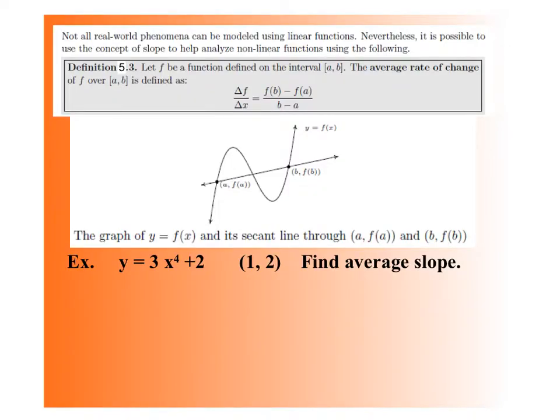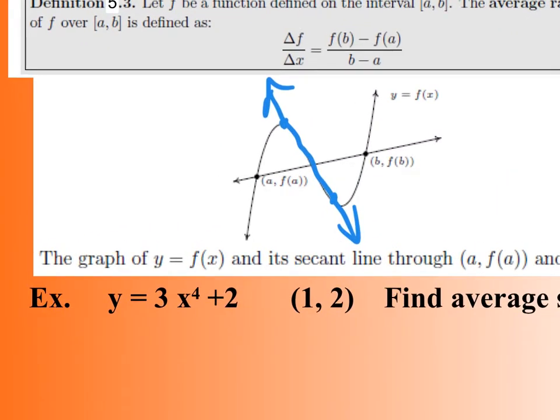Take a look at this one. This is really going to be the main thing that we're talking about today, finding the average slope. Do you get that if I pick this spot and this spot, the slope would be way negative? Well, they didn't pick that.